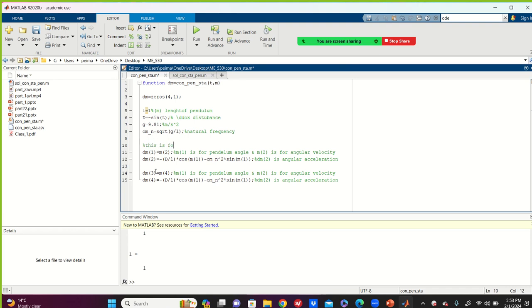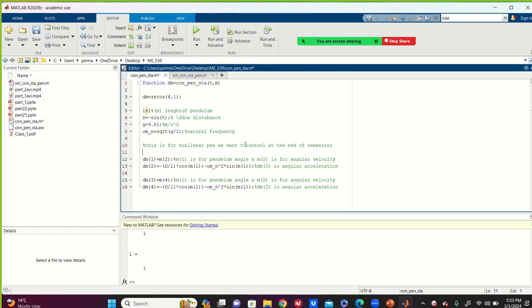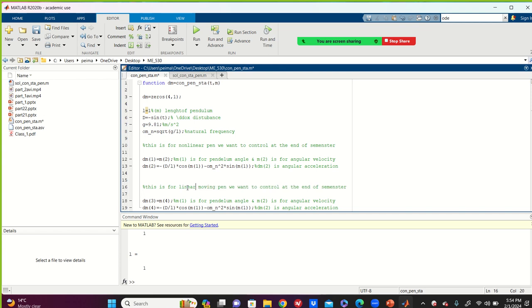This is for the nonlinear pendulum we want to control at the end of the semester. We're going to come back to this at the end of the semester. But this is a linearized, moving pendulum.